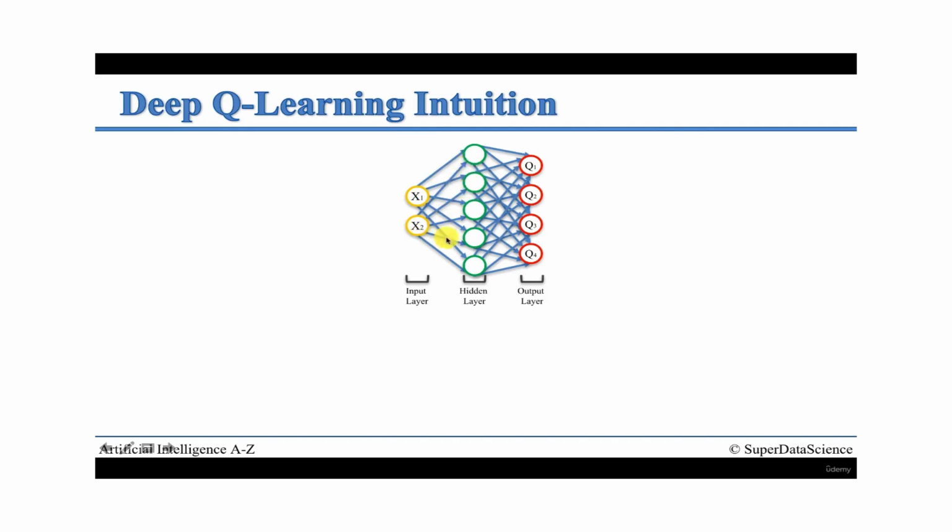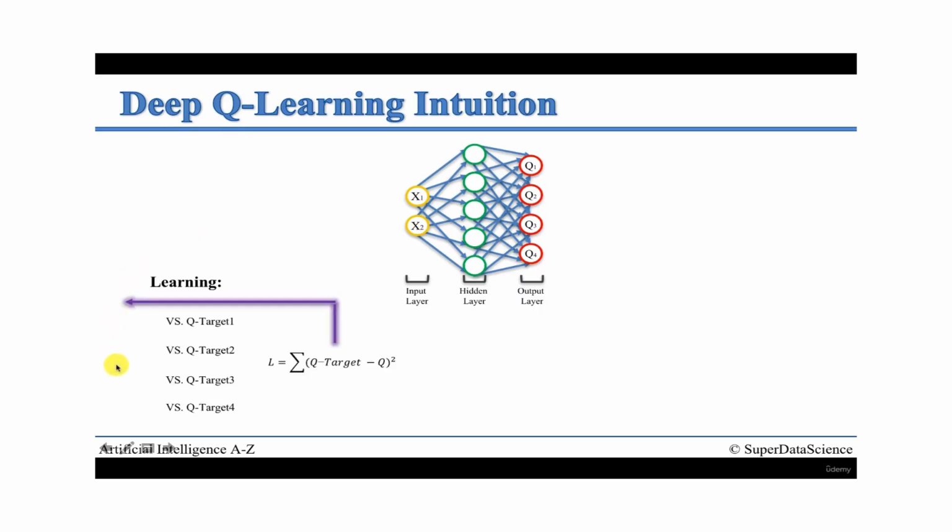And once we feed it in, there are two parts to the process. Part one is the learning. So remember that part where we compare each of the Q values with the targets, and then we backpropagate the loss through the network to update the weights so that our network is learning as we go through this maze or through this environment. And the second part is, of course, we have to act.